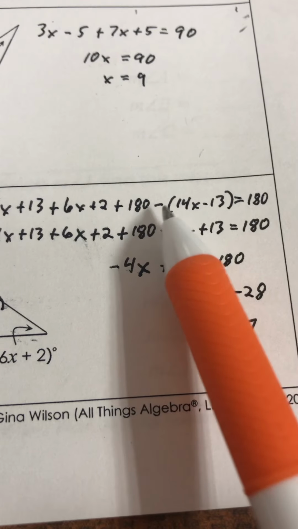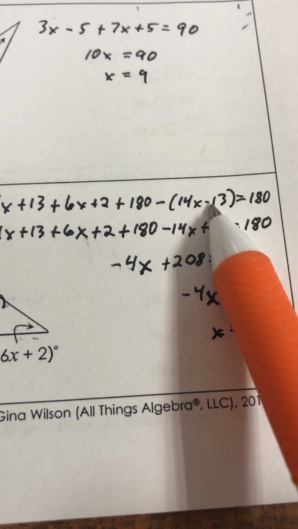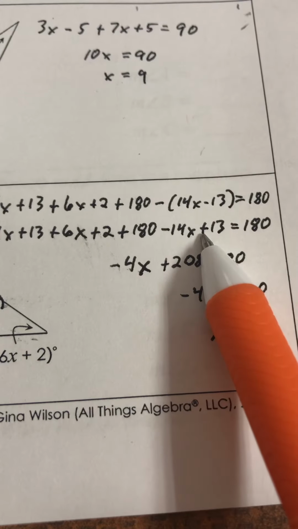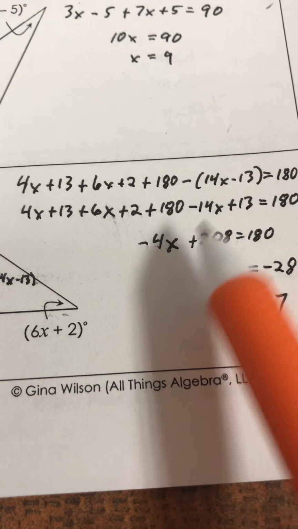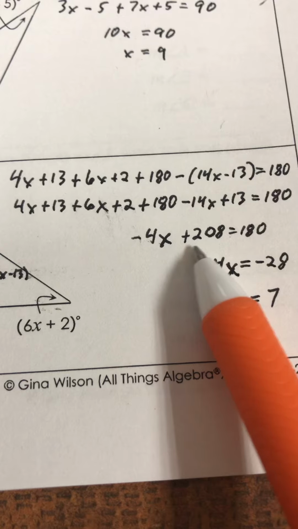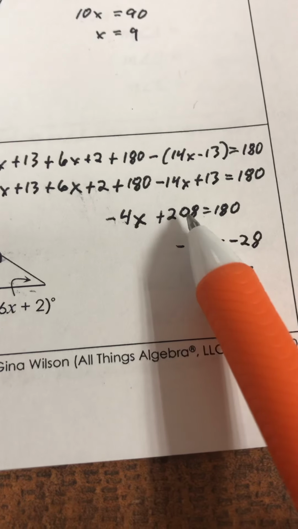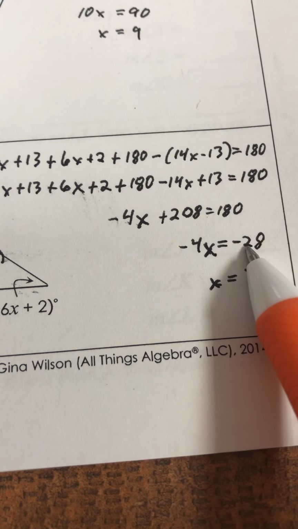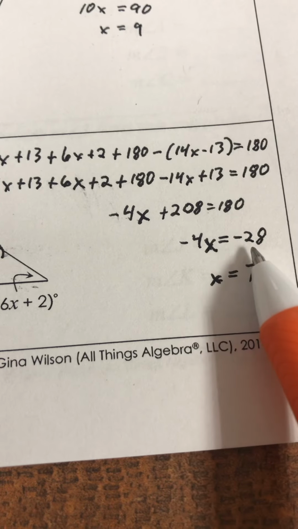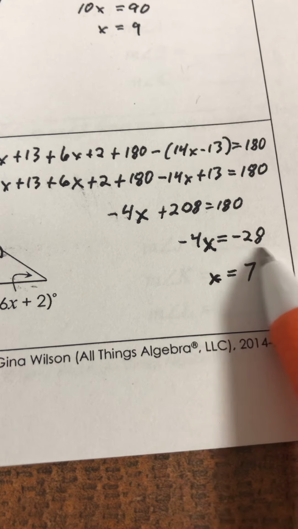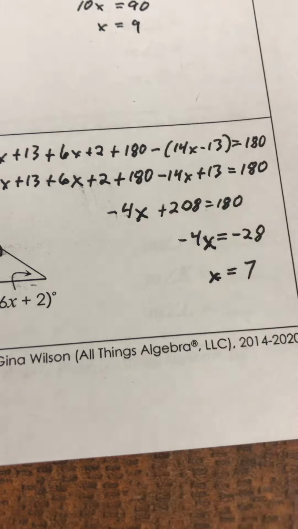I use the distributive property first, so I have negative 14x, and this negative and a negative becomes a positive 13. Okay, I combine all my like terms. I end up with negative 4x plus 208 equals 180. I subtract 208 from both sides, end up with negative 28. Negative 4x equals negative 28. Divided by negative 4, both sides, I get x equals 7.